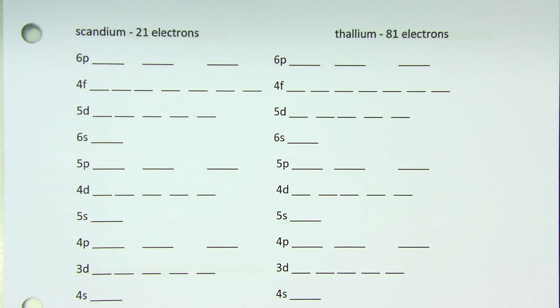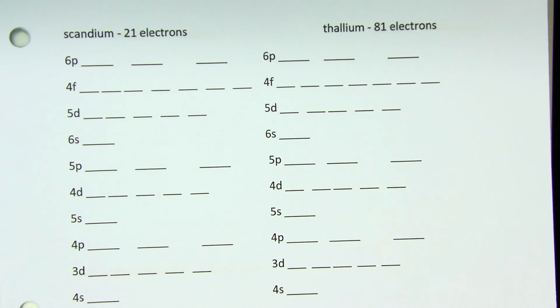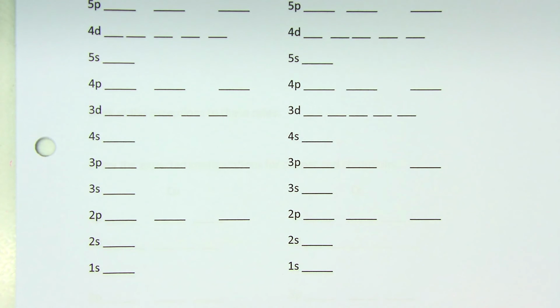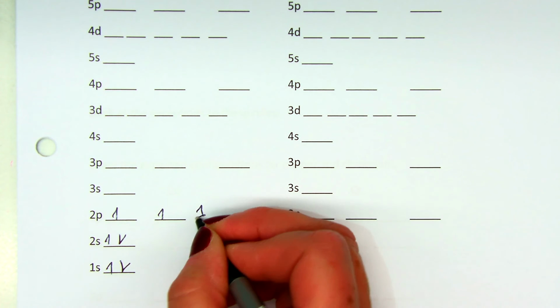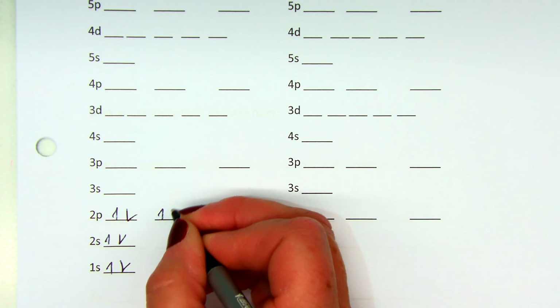Okay, now let's look at scandium. Scandium has 21 electrons. So again, we start at the bottom. 1, 2, 3, 4, 5, 6, 7, 8, 9, 10.